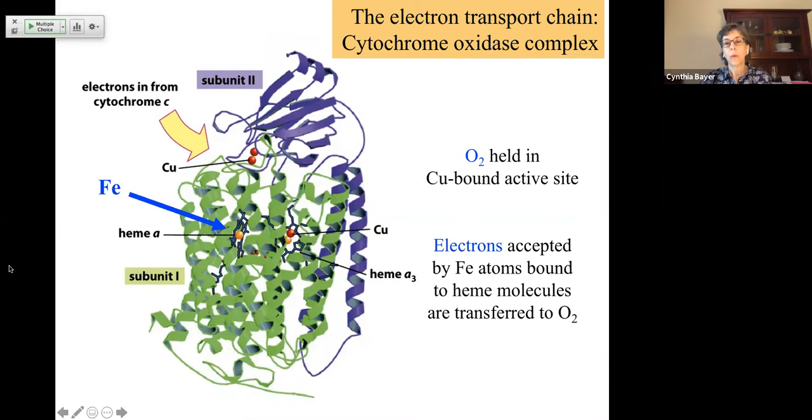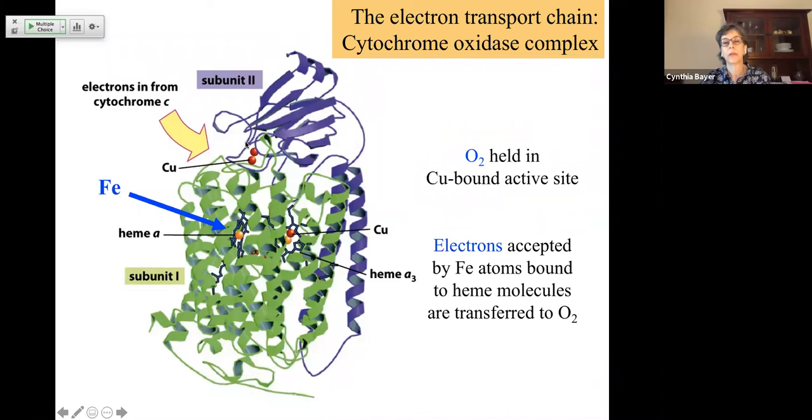What happens is the oxygen is sitting there waiting until 4 electrons are passed to the iron atoms from the upstream component of the electron transport chain, and then those electrons are passed to the oxygen. They're not showing us the oxygens here.